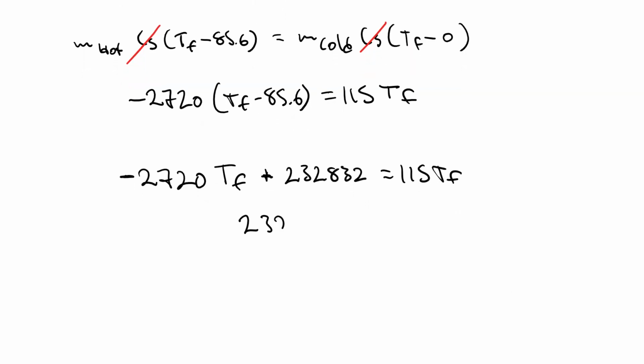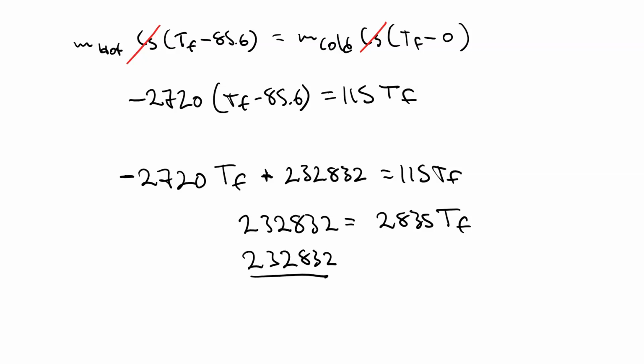We end up with 232,832 equals 115 plus 2720, 2,835, times Tf. To solve for Tf, we divide both sides by 2,835. So 232,832 over 2,835 equals Tf.